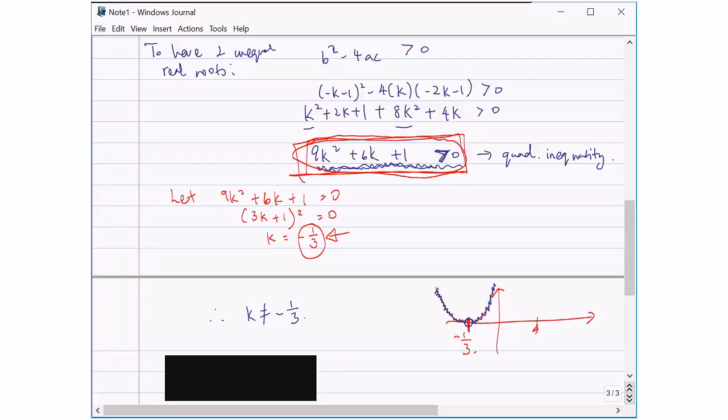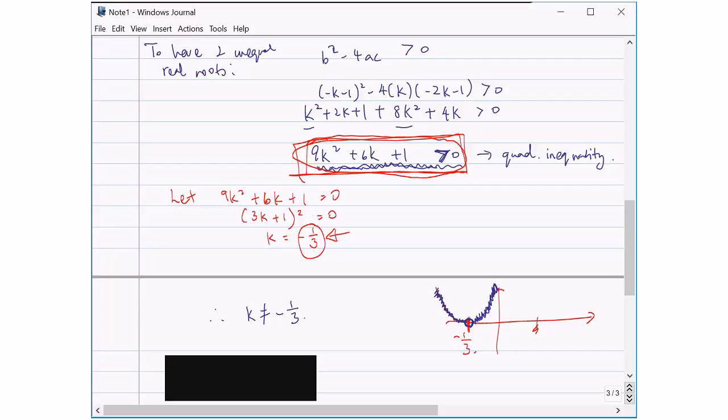I repeat, okay? Looking at what I need, I want the positive parts of the curve. The positive parts of the curve is basically everything. So k can be everything except one value. K cannot be negative 1/3. Why? Because when k is negative 1/3, you get 0.